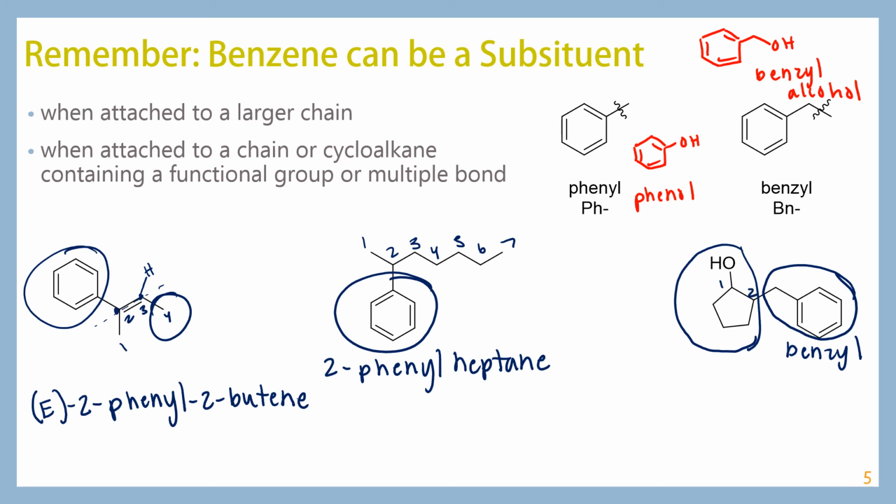This is carbon number 2. That makes this molecule 2-benzyl cyclopentanol. Now, if you don't remember the naming of cyclic compounds, that is something that you definitely need to go back over on your own. And if you have questions, make sure that you come to office hours.